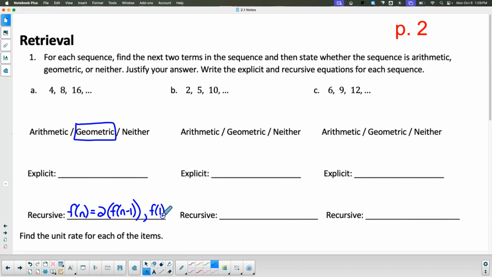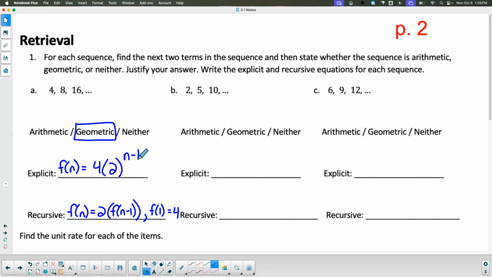First term is 4. Which would make my explicit then 4 times 2 to the n minus 1 power. Do we agree with that? Okay, love it.